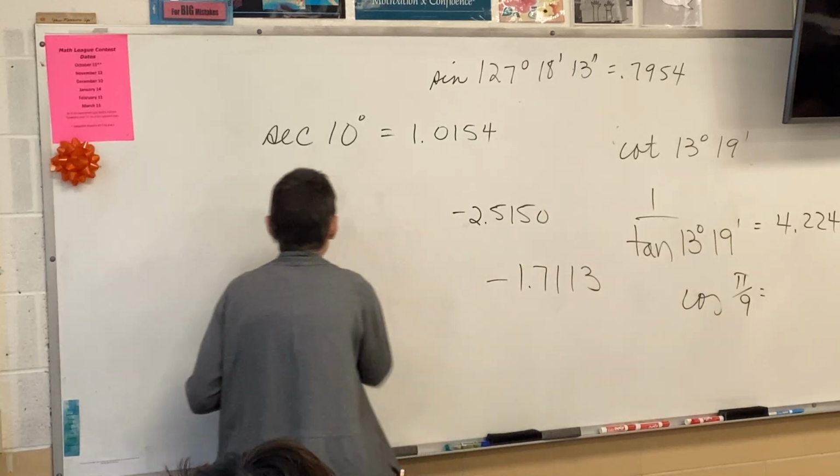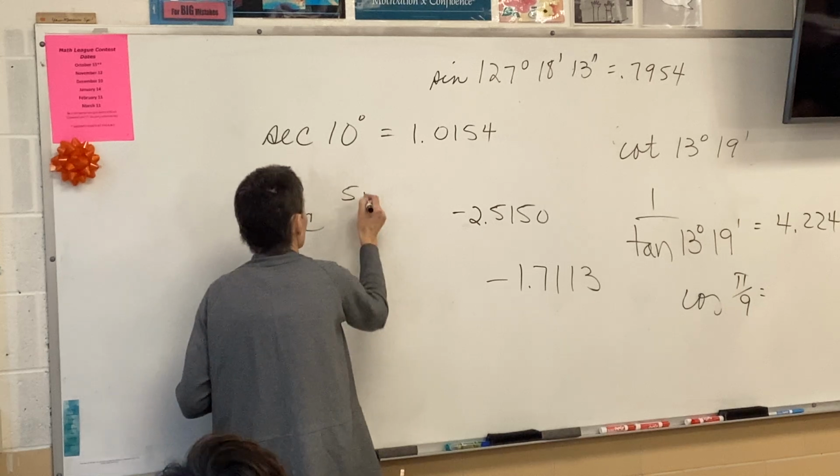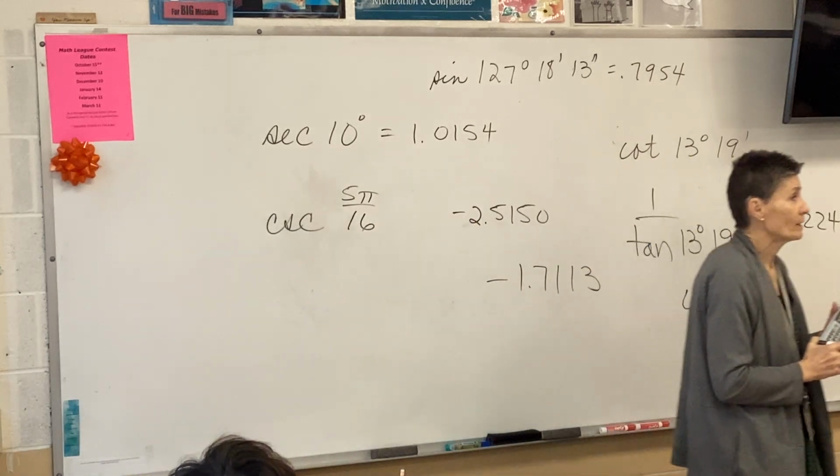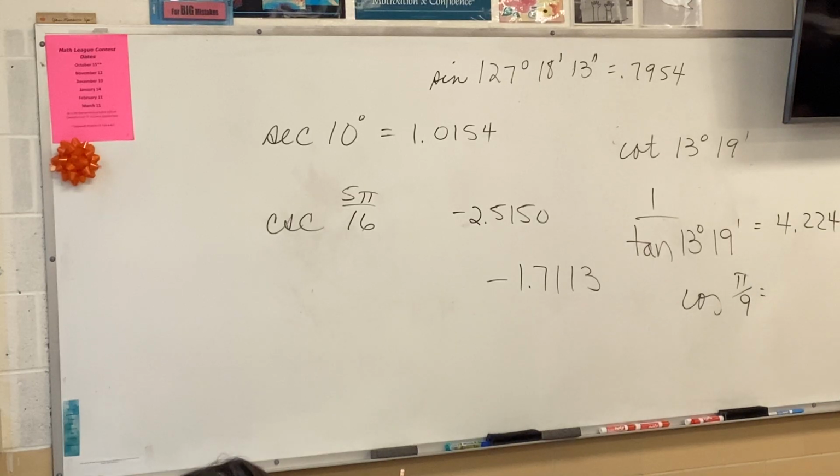I need some help. Cosecant 5 pi over 16. How am I going to type this into my calculator? Ceres says 1 divided by 5 times pi. Exactly. Ceres knows her stuff. What's cosecant?